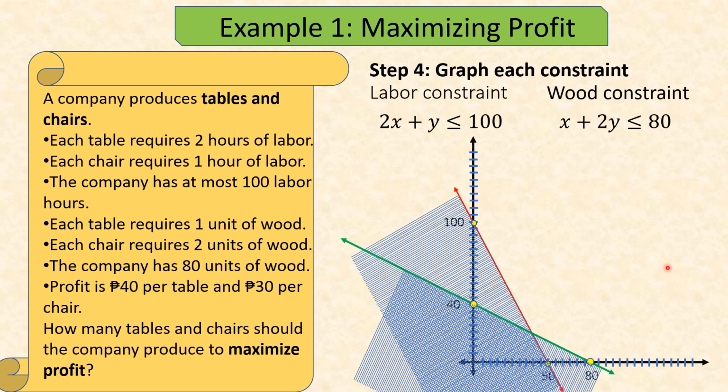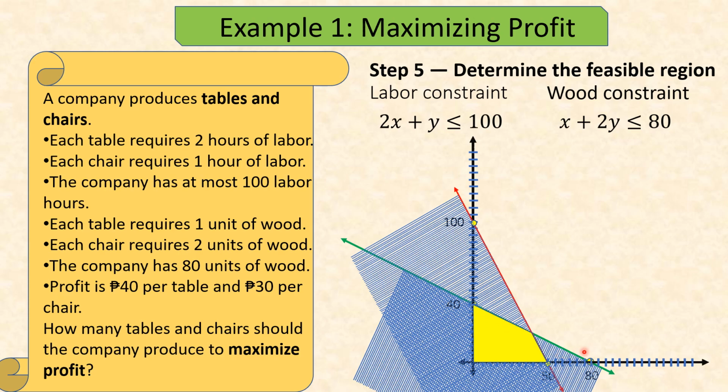Okay, so like that. So if you can see, we have an intersection here, no? This area here is called the feasible region, the intersection of the two graphs.